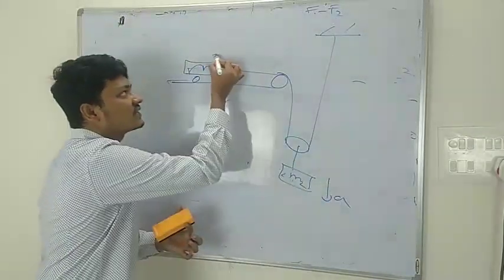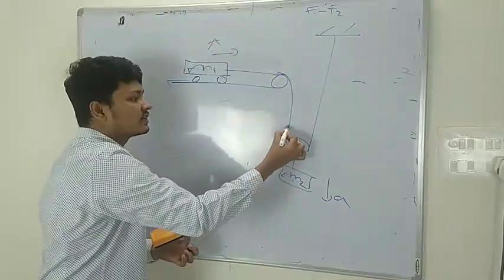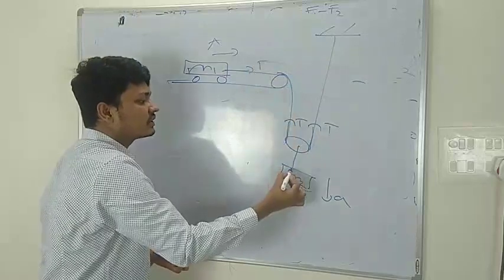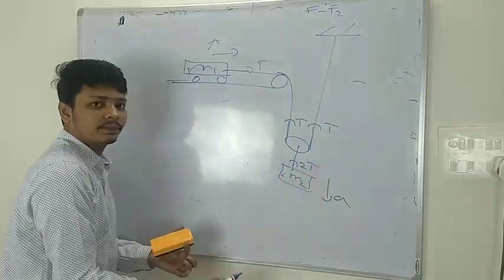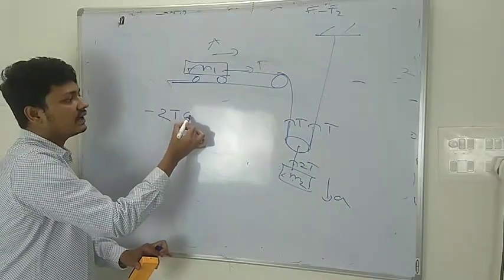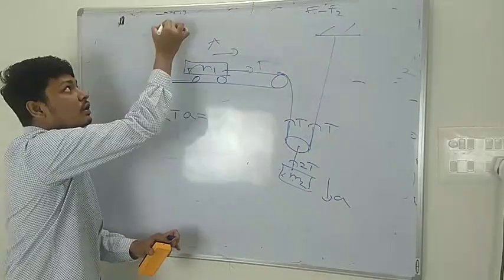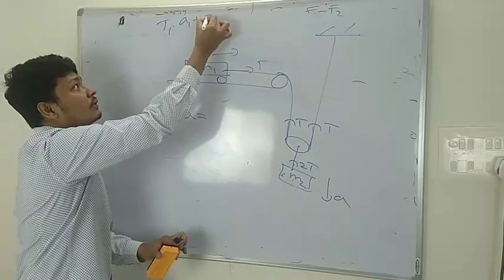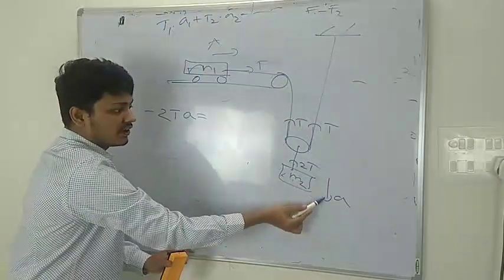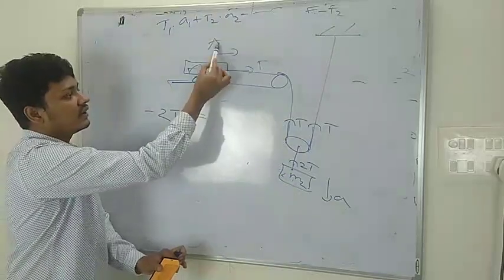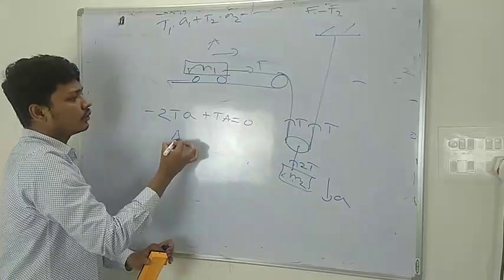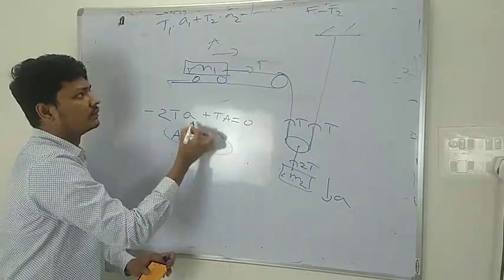If this is A and this is capital A, this is T, this is T, this is T, so this must be 2T. Already I discussed T1 dot A1 plus T2 dot A2 is equal to 0. So 180 degree minus 2T into A into T into A plus T into A is equal to 0. So capital A must be equal to 2a.